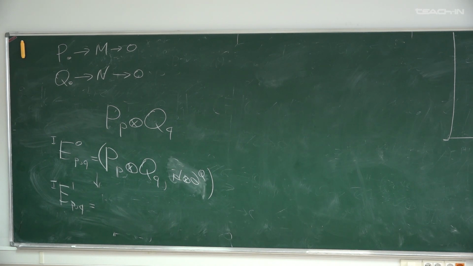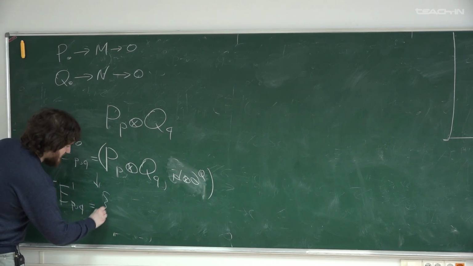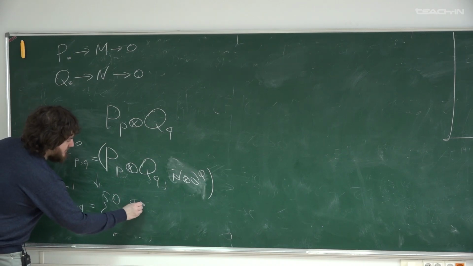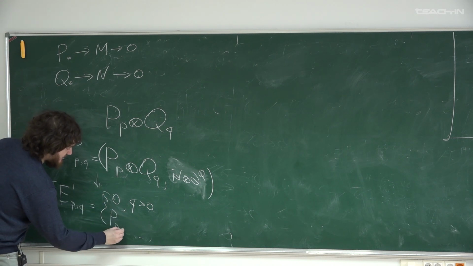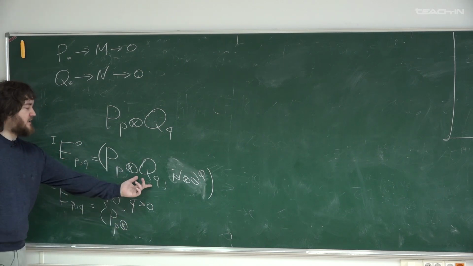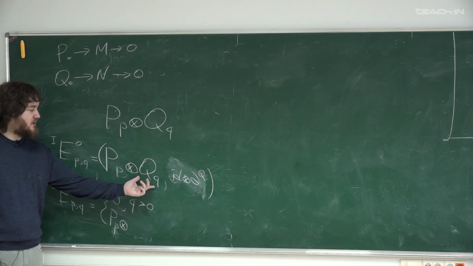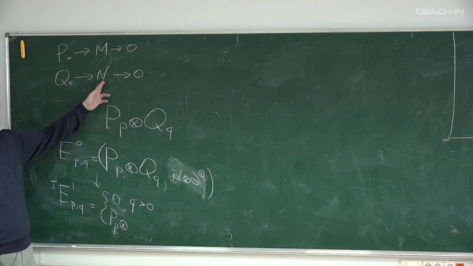But P is projective, so it's flat, so all Tor are zeros. If a module is flat, then tensor product with it preserves exactness. So in fact, all homologies are zeros except the last one. It's 0 if q is more than 0, and this is the tensor product of P with the homology in degree zero. The homology in degree 0 of the resolution is the module itself.